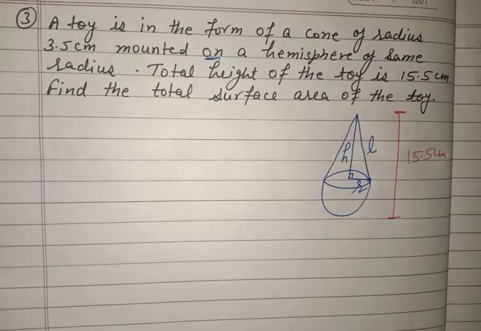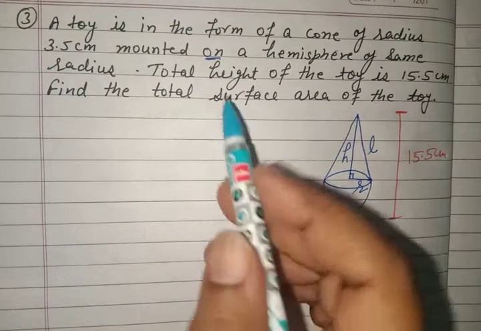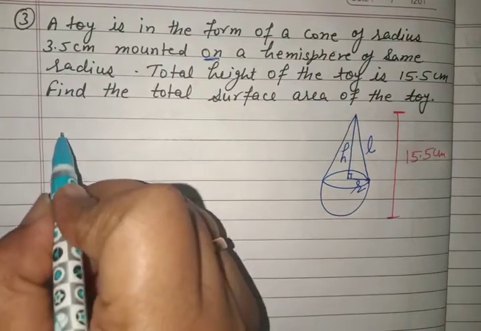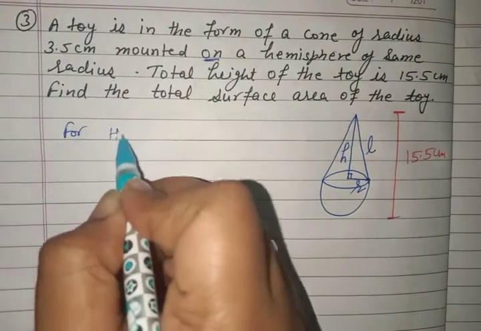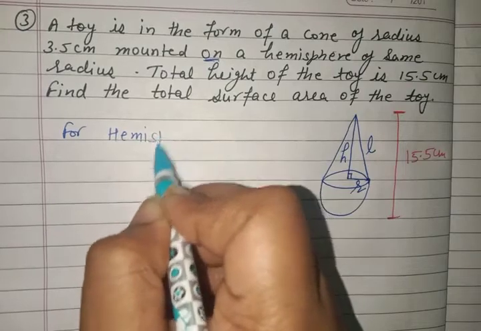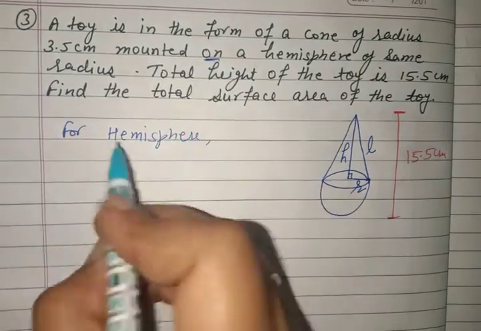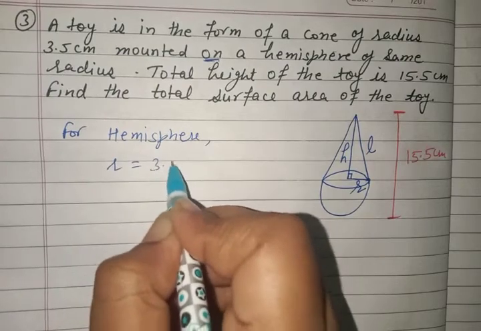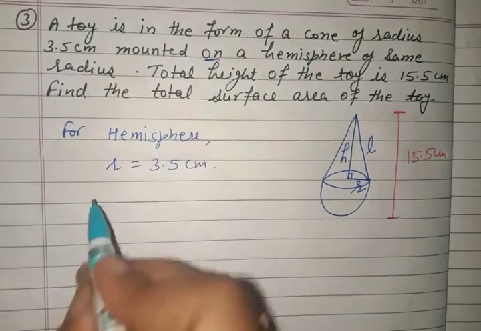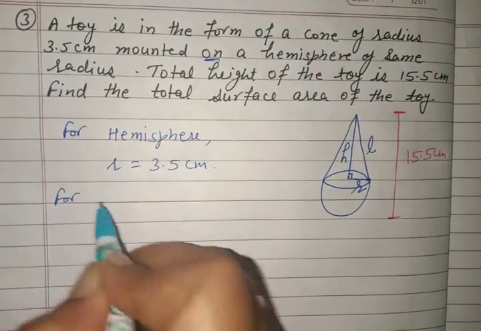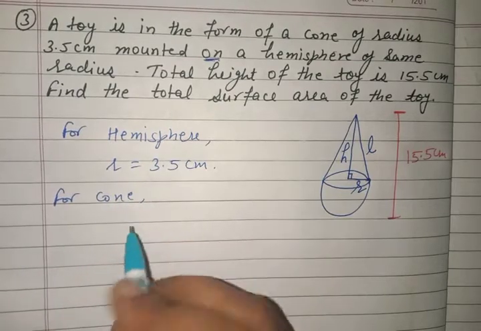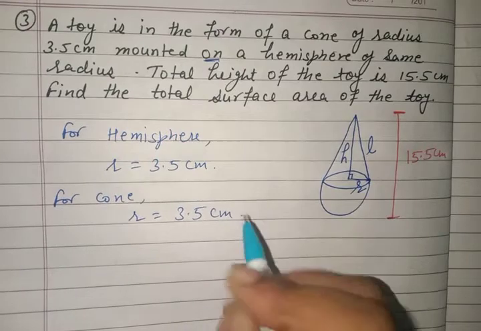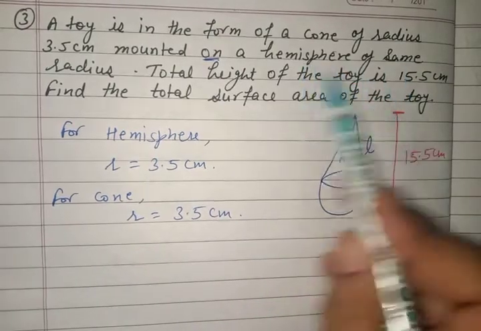This is given that there is again a combination of two figures. One is a hemisphere, so we will write for hemisphere, radius is given 3.5 centimeter, and for the cone, the next figure, radius is 3.5, the same, because it is written in the question that same radius.